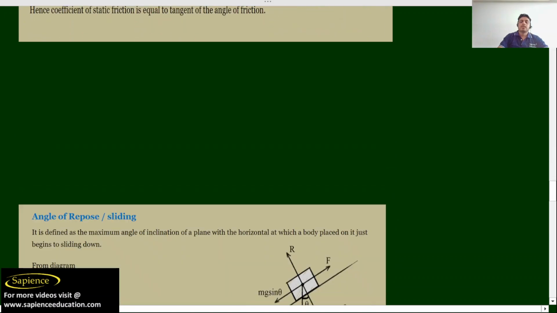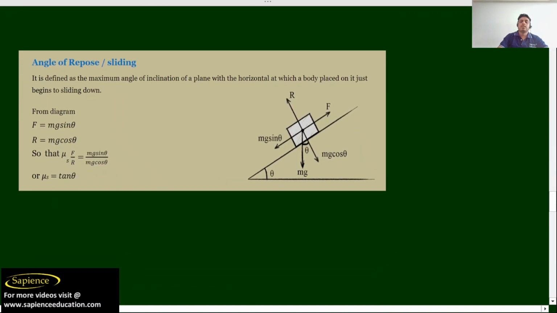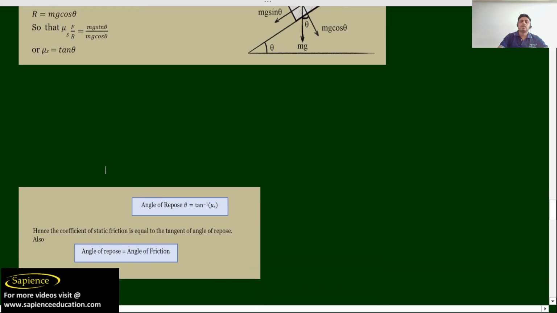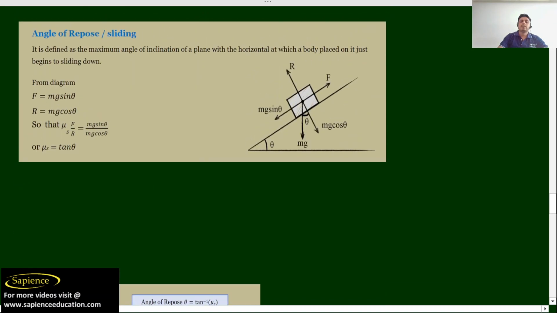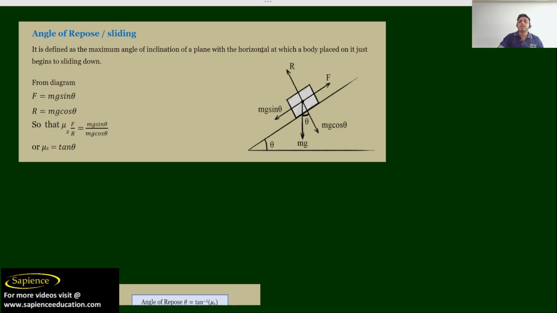Now I am going to teach you another topic, that is your angle of repose. What is angle of repose? It is defined as the maximum angle of inclination of a plane with the horizontal at which a body placed on it just begins to move down or slide down.